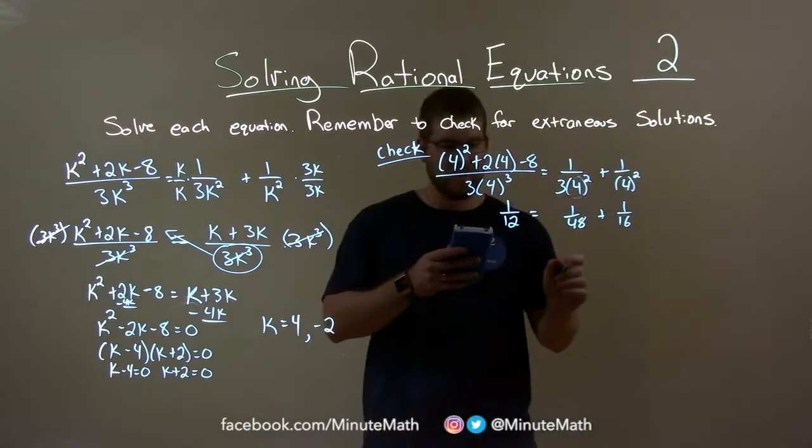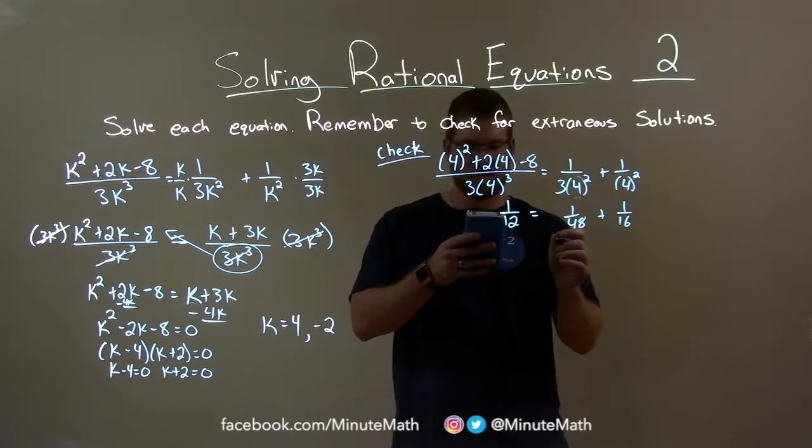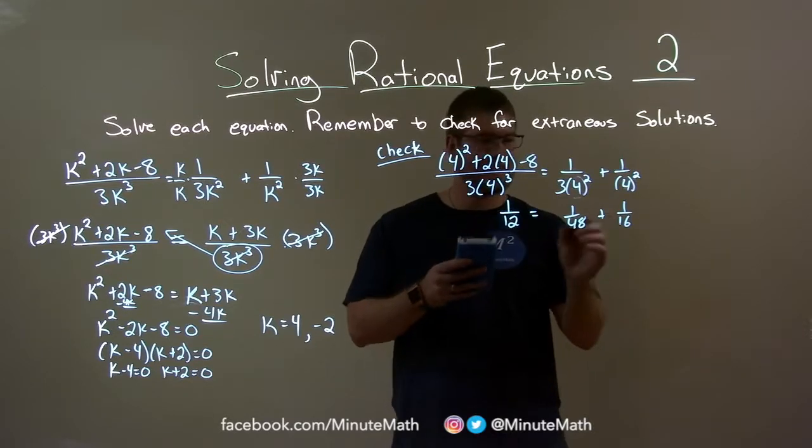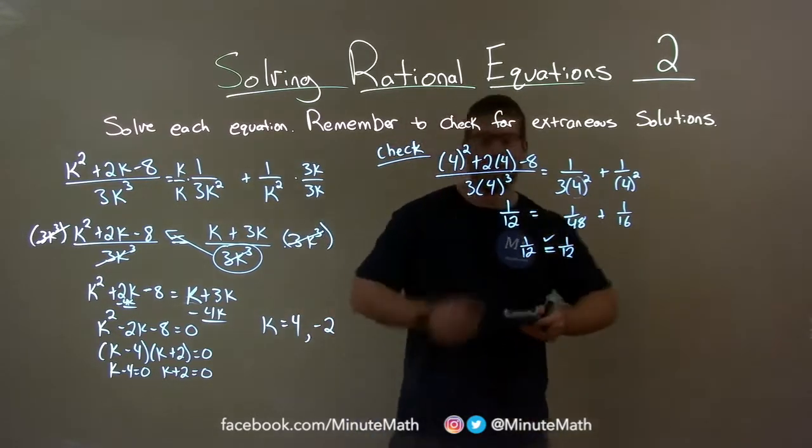I don't know, it's right. I don't know what I typed here. 1/48 plus 1/16 is 1/12. Okay, so after a few checks here, these two left and right hand sides are equal.